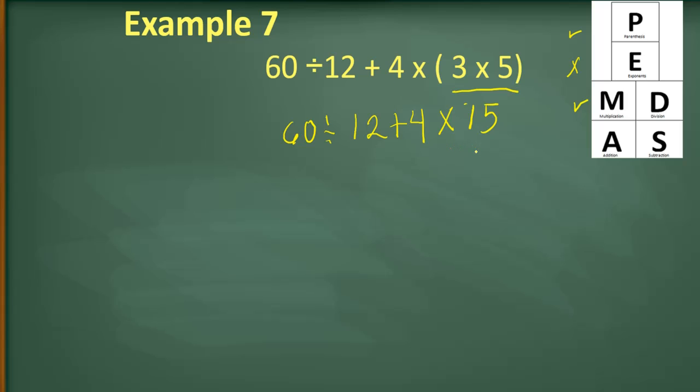Which comes first? Is it multiplication or division? Correct. We have division. So we divide first. 60 divided by 12. We have 5. Then we bring down the rest.